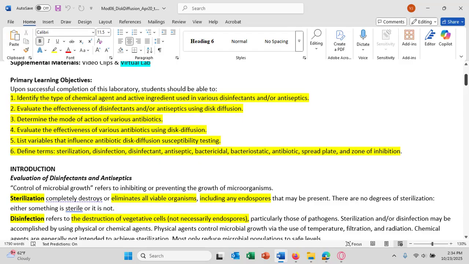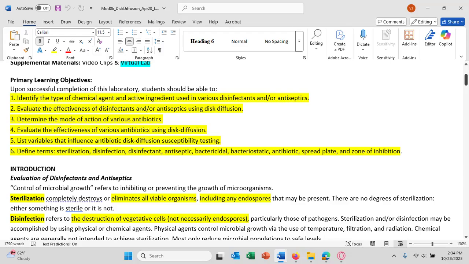Three, determine the mode of action of various antibiotics. Four, evaluate the effectiveness of various antibiotics using the disc diffusion method. Five, list the variables that influence the antibiotic disc diffusion susceptibility test.